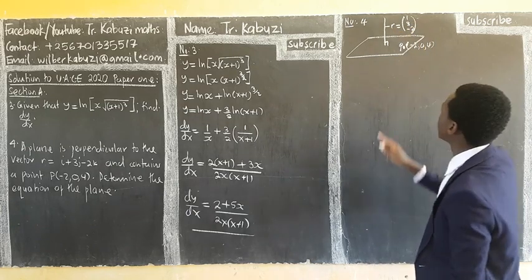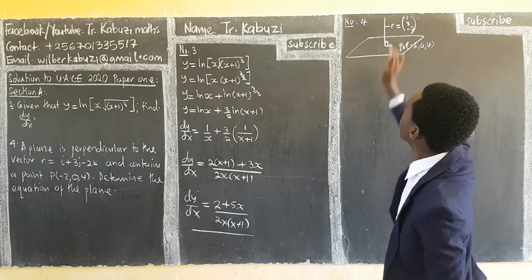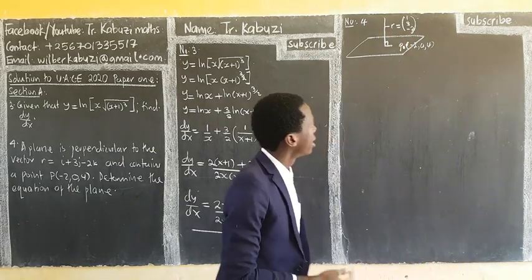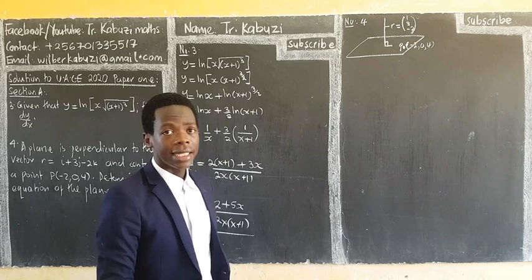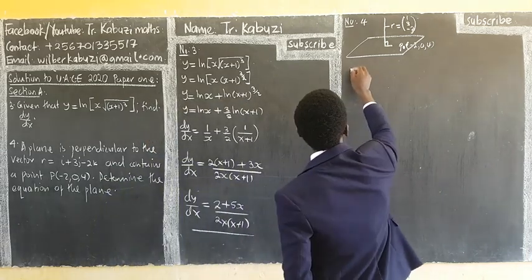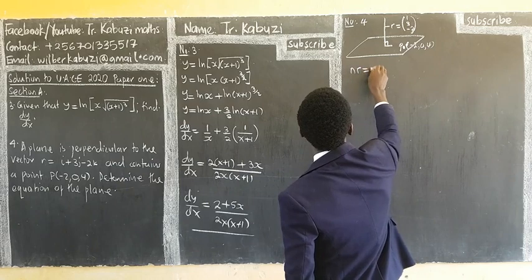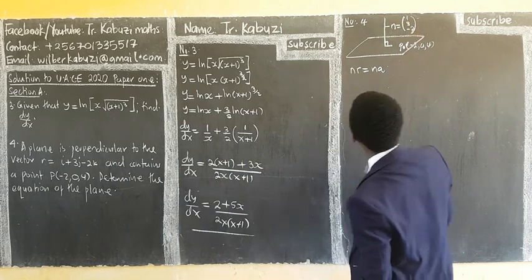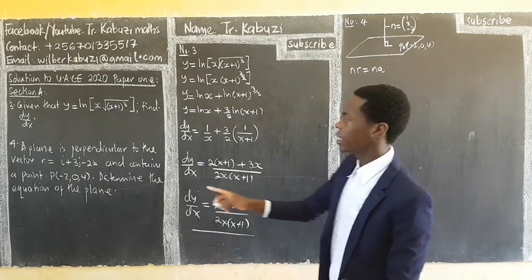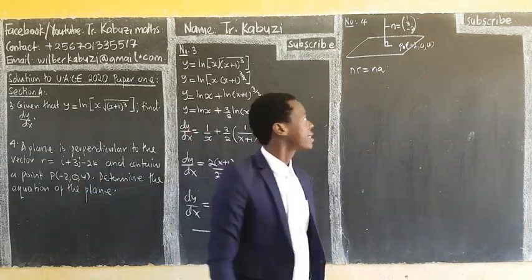So in simple terms, this vector was acting as a normal. To get the equation of a plane, we need the normal to that plane, then we need a point in that plane, so that we can use our formula n·r equals n·a. So this one is going to act as our normal vector.